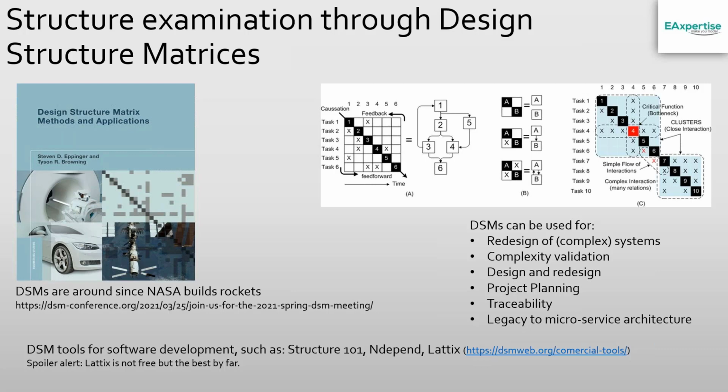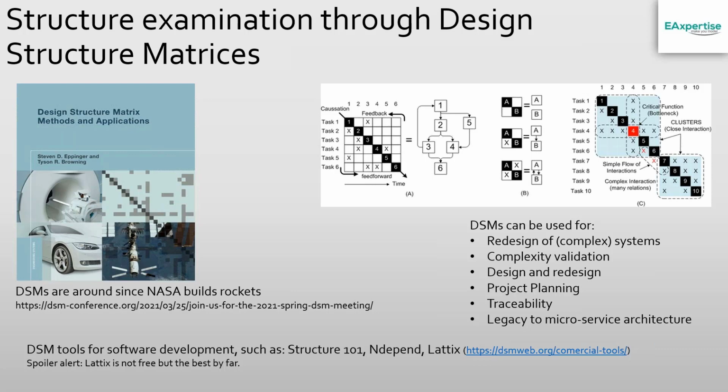DSMs are used in many cases for a redesign of a complex system, or just a design, or a validation of the complexity. They can also be used for project planning and for traceability.